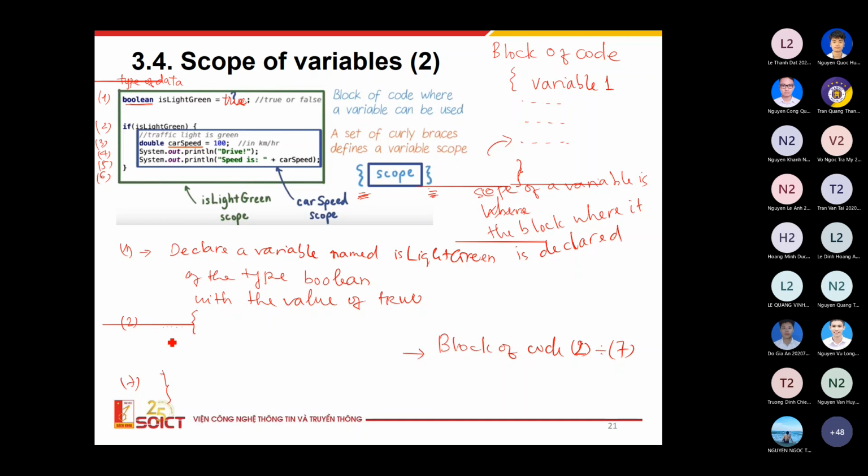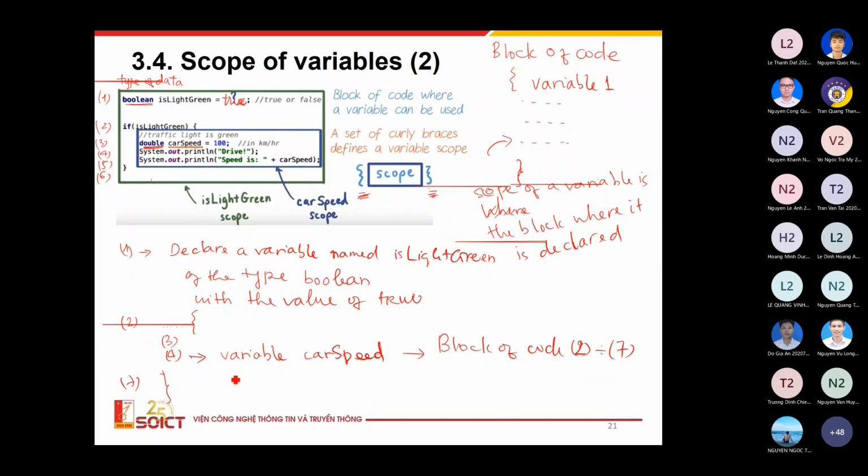And what happened in this block? In the third line, what do you have? The third is a command. In the fourth line, what do you have? Double again, it's a data type. You have a declaration of a variable named car speed, and it assigns the value 100 to car speed.